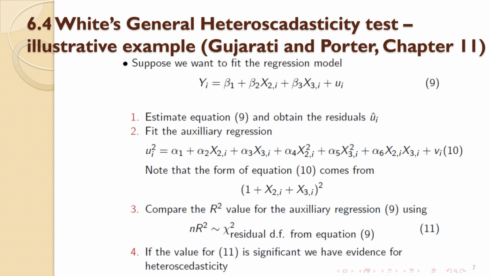There's an example here of another numerical test, White's general heteroscedasticity test, and this is discussed in Gujarati and Porter, chapter 11. So suppose you want to fit the regression model at the top of the slide. The idea is that you estimate this equation and then obtain the residuals, and then you would fit an auxiliary regression to the square of the residuals.